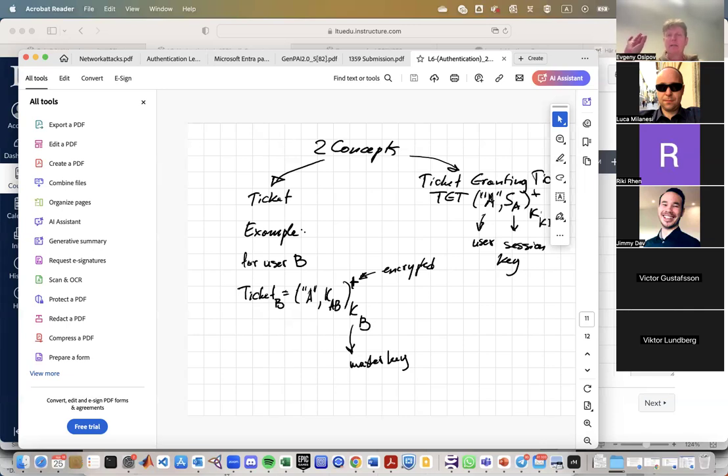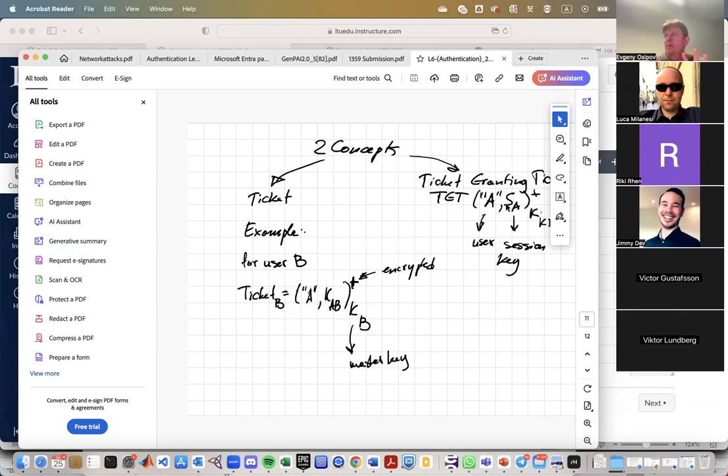And it is used to encrypt a pair of information: the user address or identity, in general case, and a session key. A session key will be generated by KDC upon request, and a tuple of user ID and a session key will be encrypted with this KDC secret key.